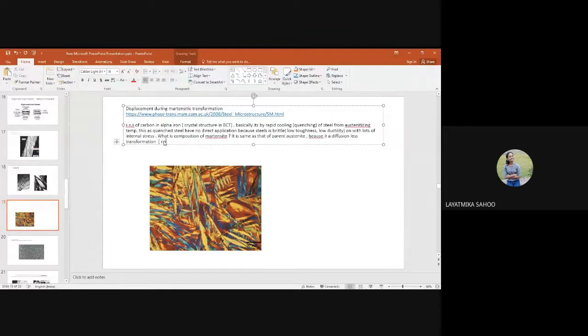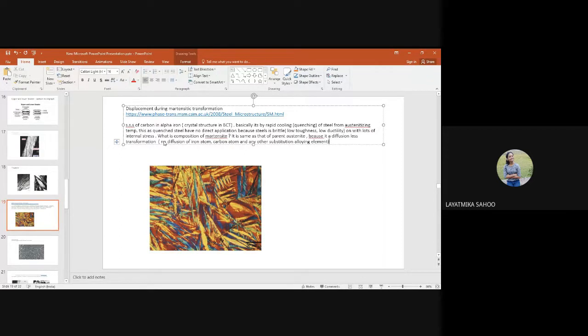Yes, sir. No diffusion of iron atoms, carbon atoms, and any other substitutional alloying element.